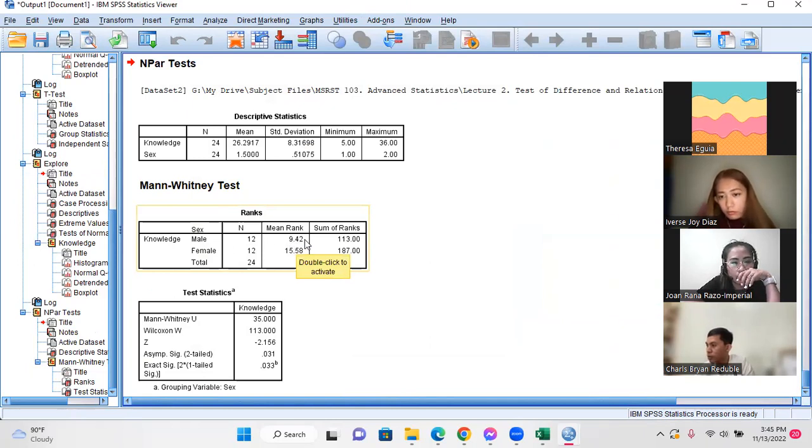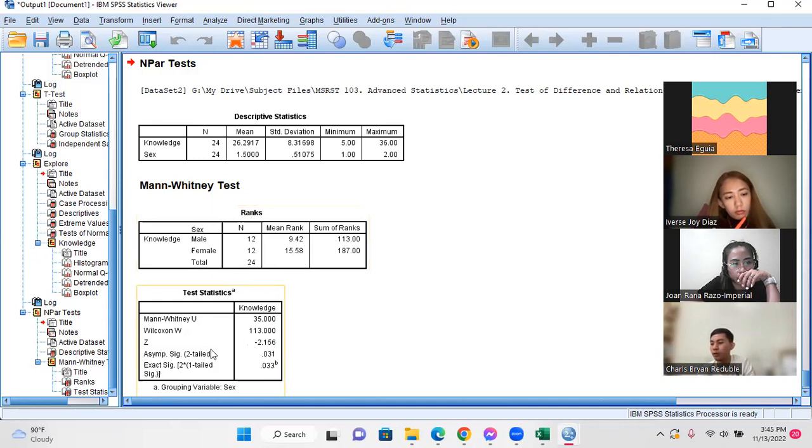Ang mean ng mga male is 942. Ang mean ng knowledge ng female is 1558. So, ibig sabihin, mas mataas ang knowledge ng female about waste management compared sa male.